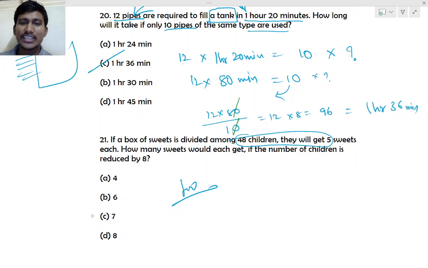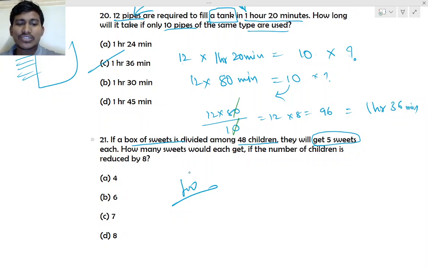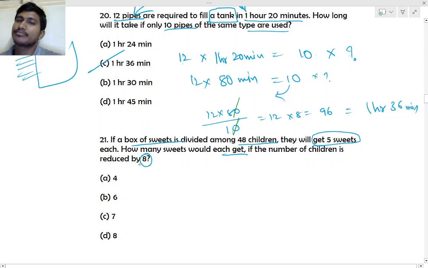Now question 21. A box of sweets is divided among 48 children. 48 children get 5 sweets each. How many sweets would each get if the number of children is reduced by 8?